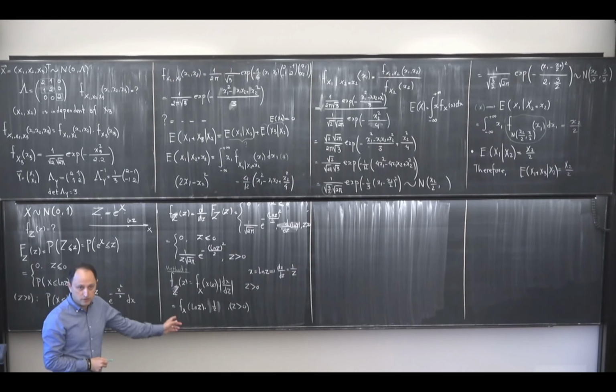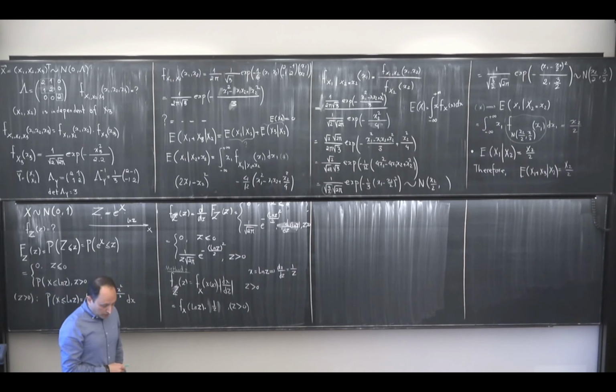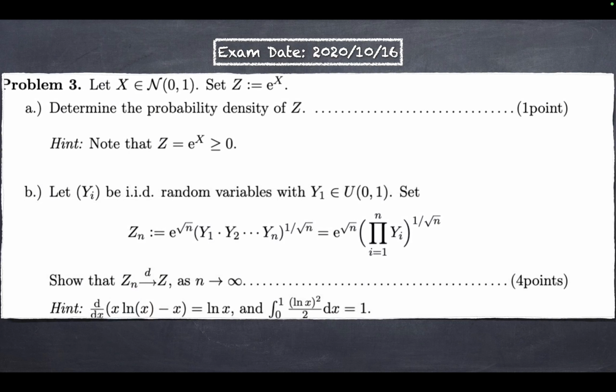Any questions here? Okay, but now let us go to the second part of the question, which is more interesting, and they have given you some kind of hint as well. But that's not a very important hint. They are asking because they don't want to waste your time on calculating integrals. Okay, so let Y sub i be IID random variables, each one of them uniformly distributed on the interval from 0 to 1, and Z is given to be this.